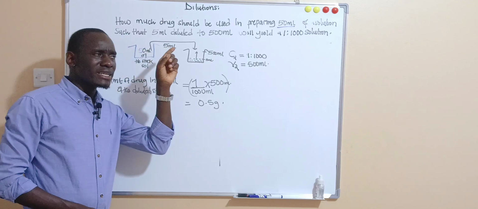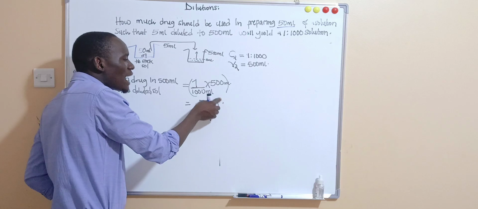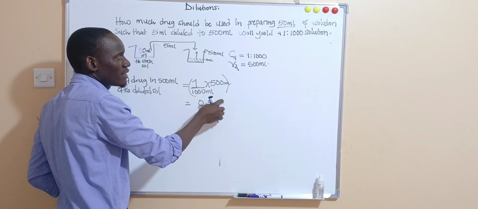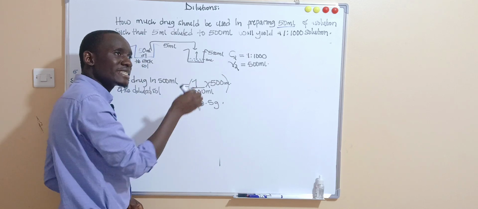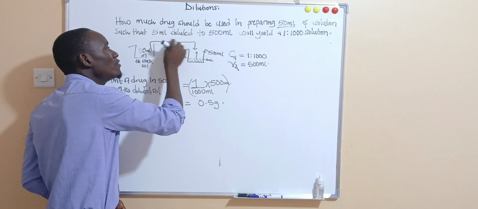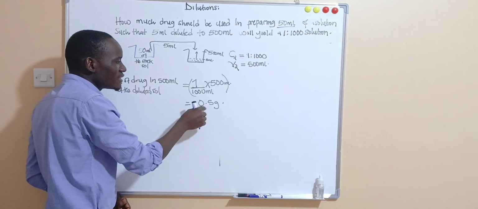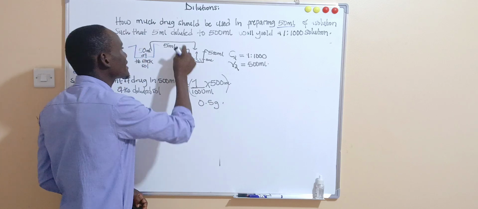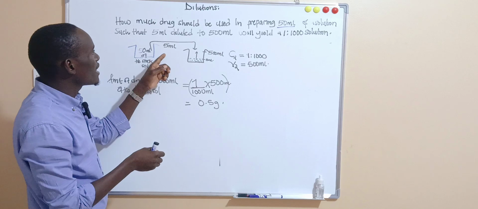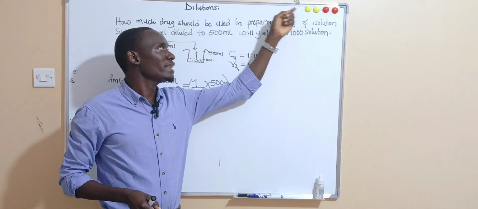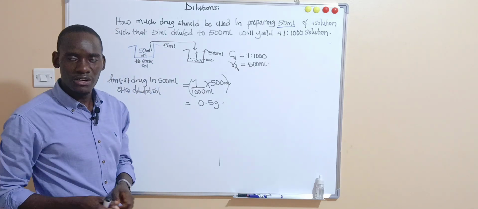But just like we looked at dilution in our first lecture, we know that the amount of drug in 500 ml of diluted solution is the same amount of drug in 5 ml. So, since 0.5 grams of the drug is the same amount of drug in 5 ml, we can obtain how much drug is in 50 ml of the stock solution.